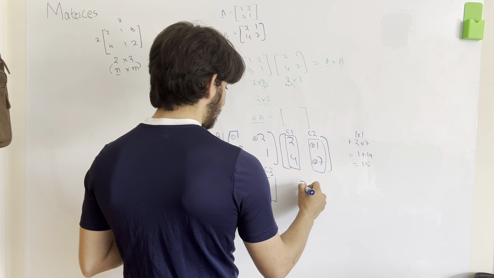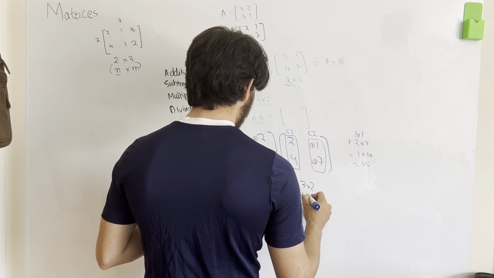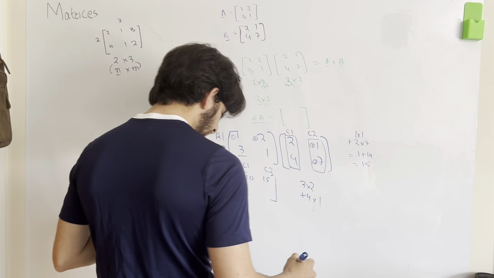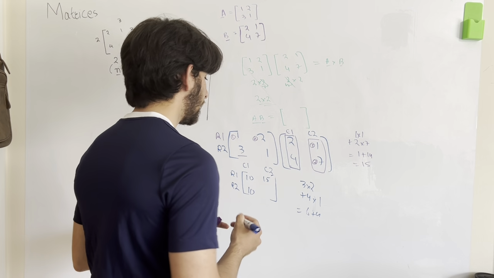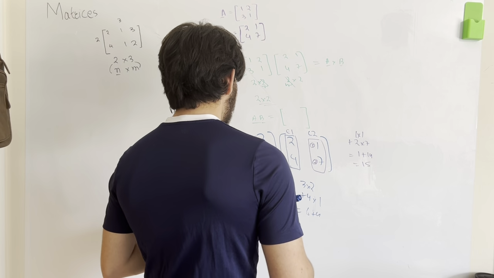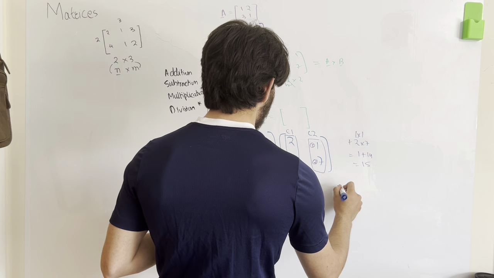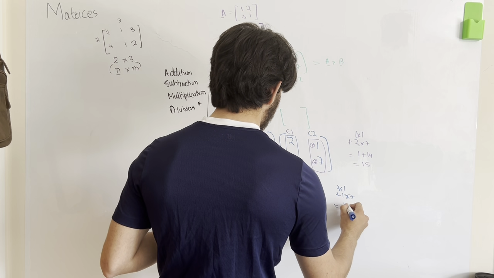So it's 3 times 2 plus 4 times 1 over here. It becomes 6 plus 4, which is going to be 10. And repeat again, row 2, column 2, 3 times 1 plus 4 times 7 is going to be 31.